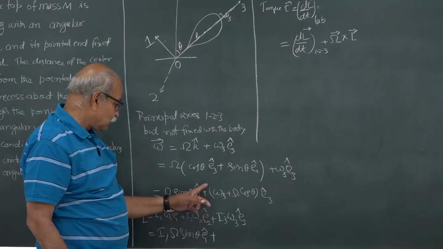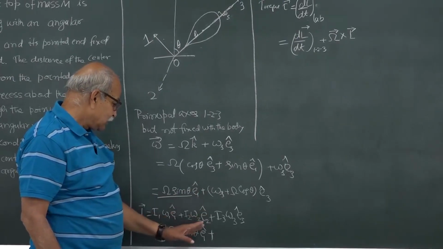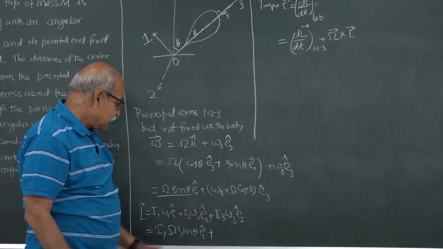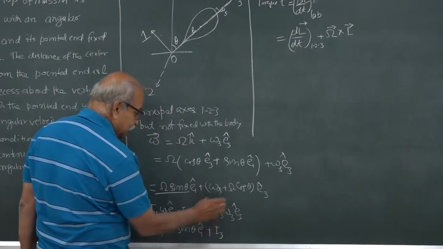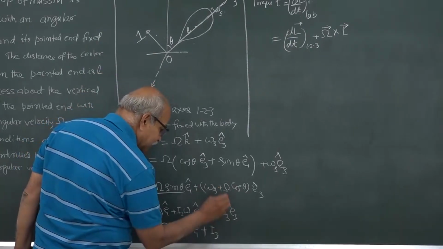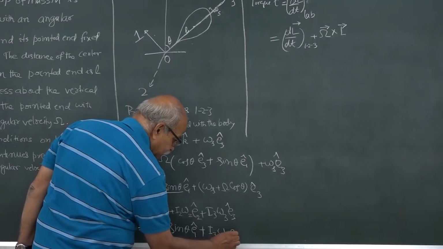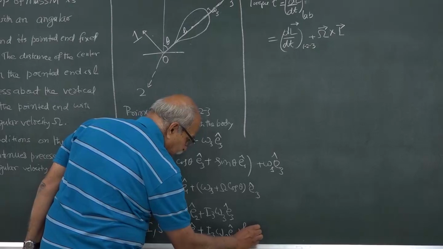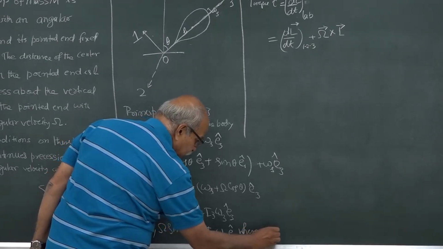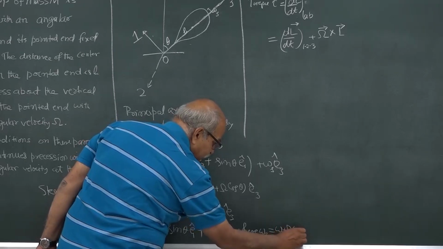Omega 2 is 0, there is no omega 2 here, so I do not have to write this. Then I3 omega 3, and what is omega 3? Omega 3 is this, and we will write that as omega 3, where omega 3 is omega s plus capital Omega cos theta.